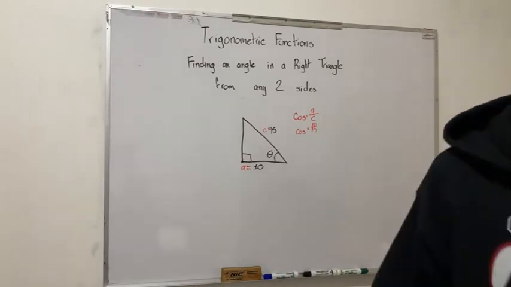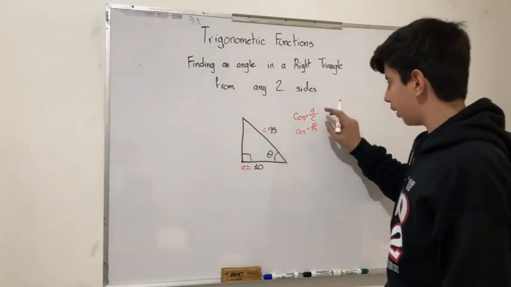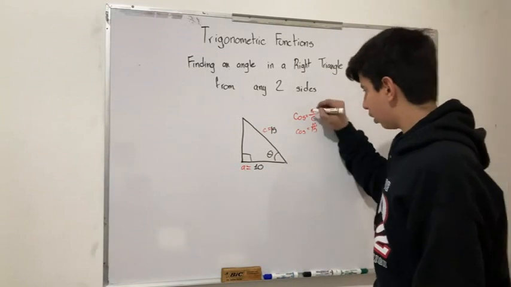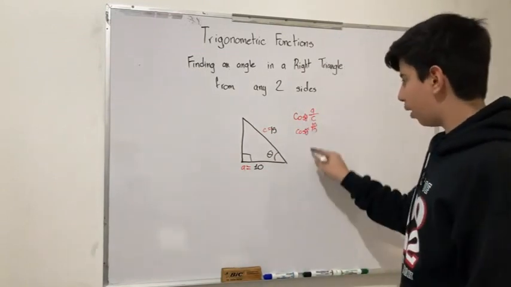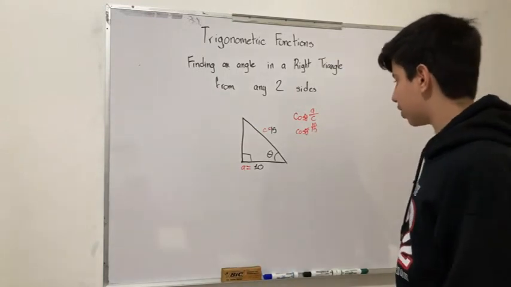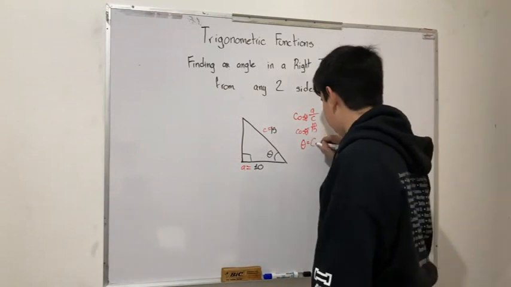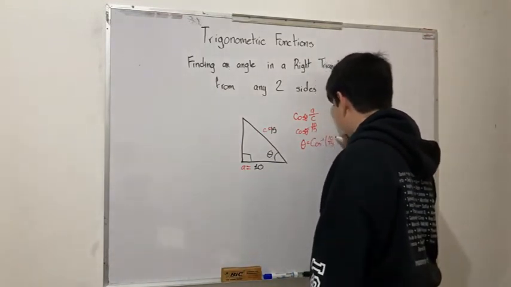So we already know that cosine will be 10 divided by 15. This will be cosine theta, and we only want theta, we do not want the cosine. So we change it and now it is cosine minus 1 of 10 divided by 15.